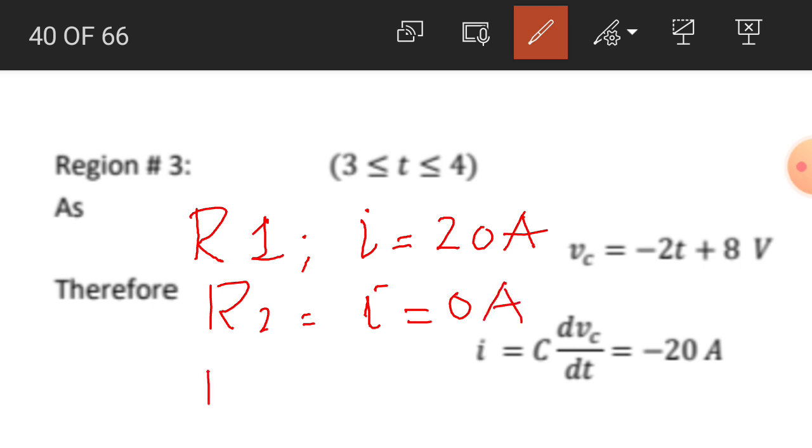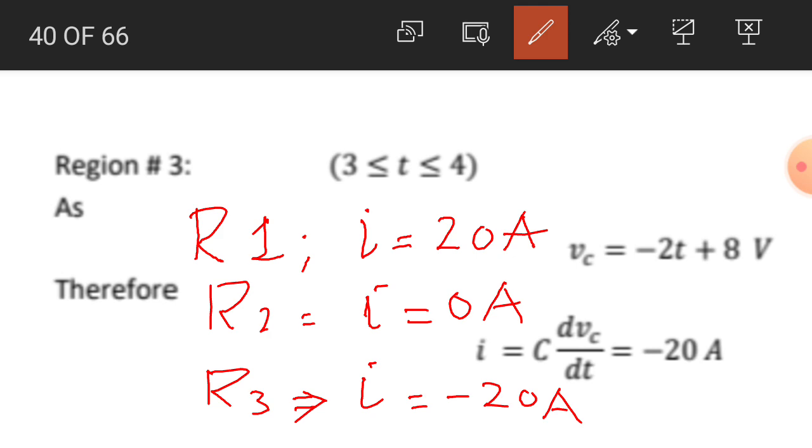And then the current in region number 3 is constant, which is minus 20 ampere. So this is the current in the capacitor. This minus sign indicates that the current in the capacitor in this region will be in the opposite direction.